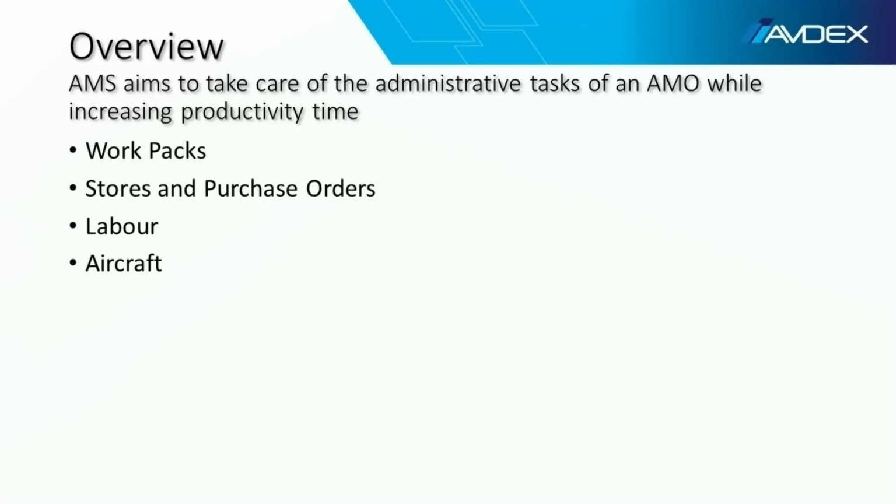Aircraft. The aircraft data file contains all the information related to the aircraft and forms the basis of most other activities in the application. The information contained in this file is flexible and highly configurable and should be accurately maintained. Aircraft are loaded by registration together with engine and propeller details.